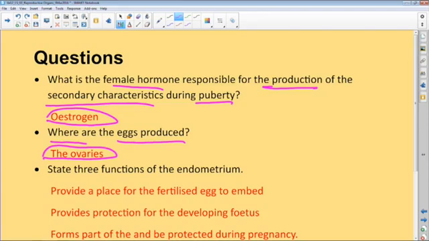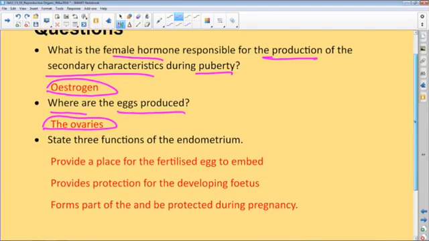Next one: state 3 functions of the endometrium. Let's see. Provide a place for the fertilized egg to embed. Remember, it comes down the fallopian tube to the endometrium and then it has a place to hang on, right? That's the first thing. It provides protection for the developing fetus. It looks after the developing fetus and makes sure that it's protected.